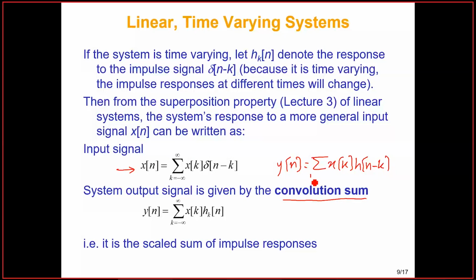So this is what will result if we give this input. So a sum of scaled delayed impulses gives you a sum of scaled delayed impulse responses, and this sum of scaled delayed impulse responses is also known as the convolution sum. As I mentioned, this old convention of writing it this way is not right. We tend to write this whole thing in this particular pattern.